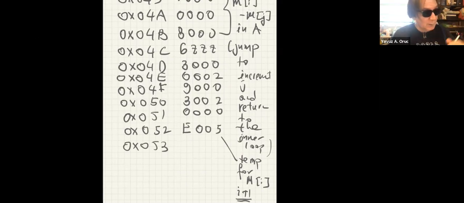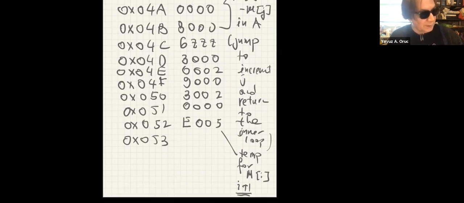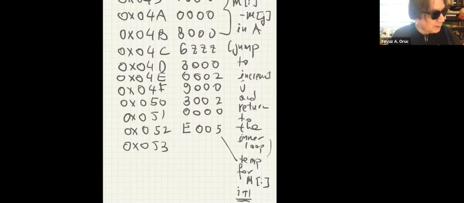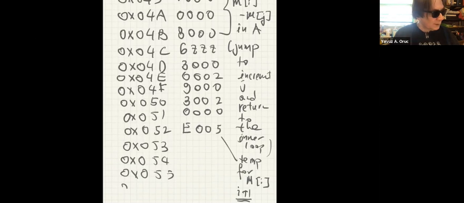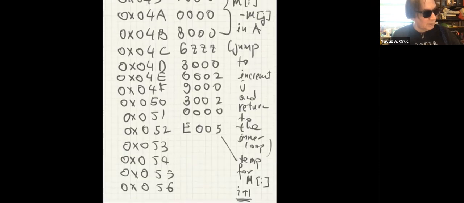Now that I've saved it, I want to now do the same thing to, actually at this point in time, I can do a move to directly take what is in, let's do another auxiliary here, okay? So let's just write the 0x054, 0x055, 0x056. Okay, there are 4 of them.